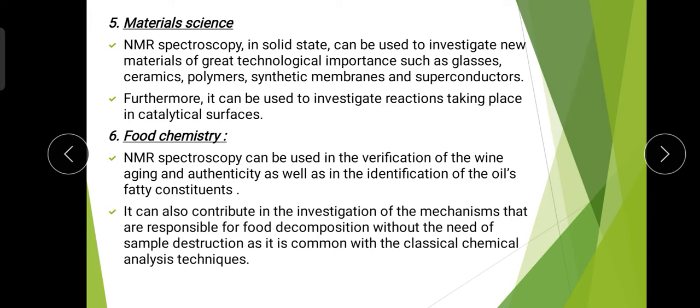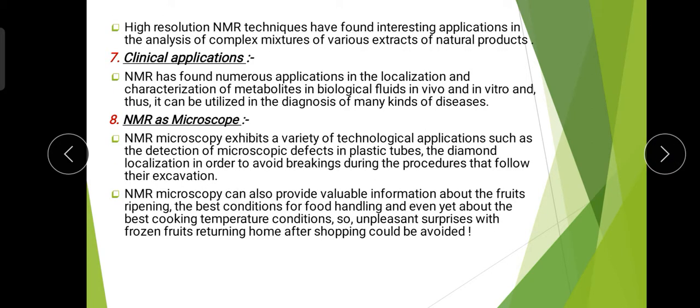So this is the best application in food chemistry. Now, high resolution NMR techniques have found interesting applications in the analysis of complex mixtures of various extracts of natural products. We know that many compounds are found naturally, and here we can extract these natural compounds.